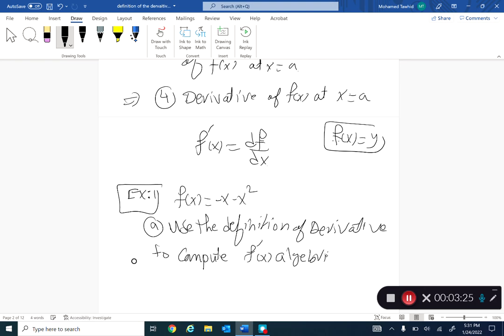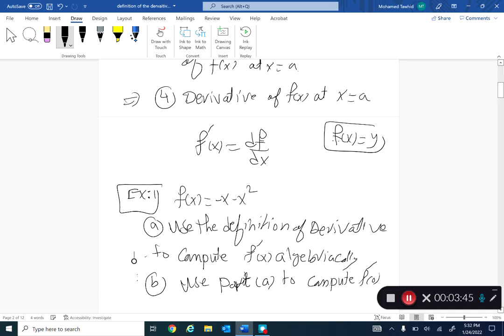Then they ask you to use part A to compute f prime of 0.